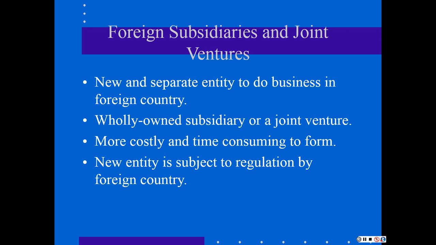Well, these are new and separate entities to do business in the foreign countries. They are more expensive than representative offices or representative agents and branch offices. These are wholly owned subsidiaries or joint ventures. Now, a joint venture is treated similarly to a partnership in terms of business association law.